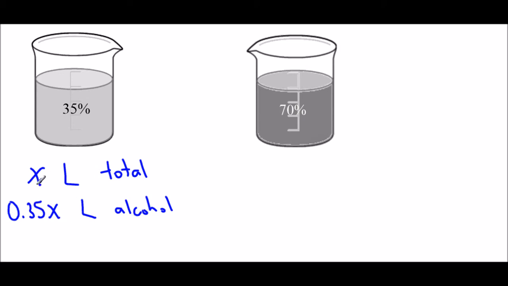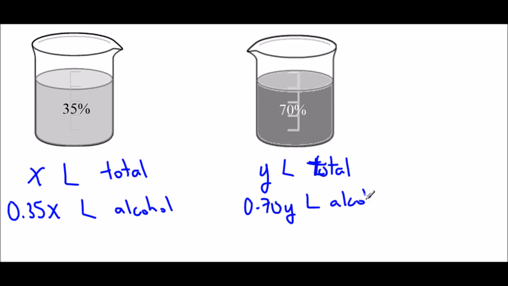Similarly with the denser solution, if I have Y liters of this 70% solution, the total solution is Y quantity, then 70% of that amount, or 0.7y, is pure alcohol.